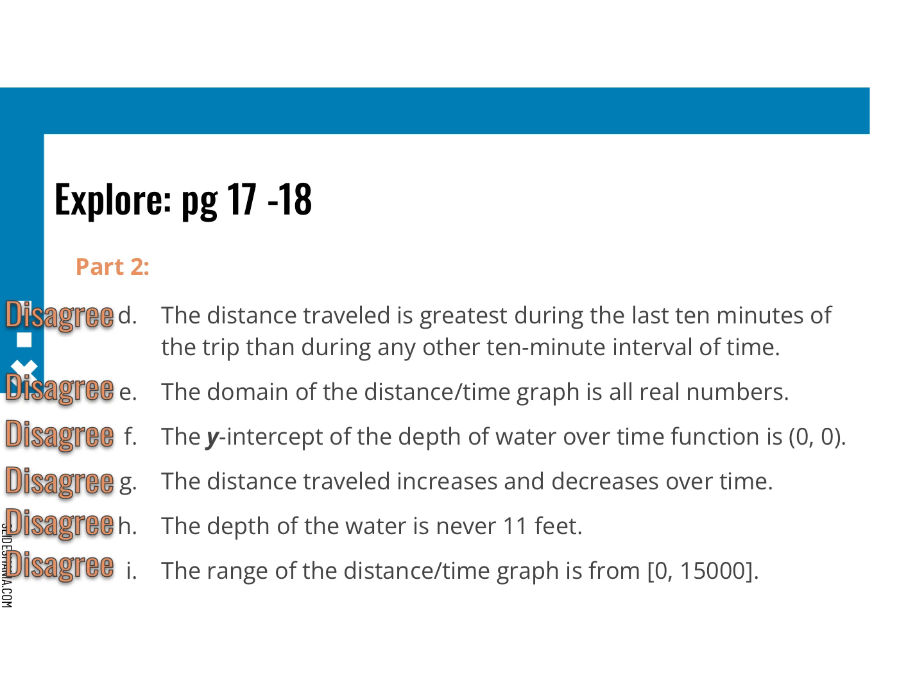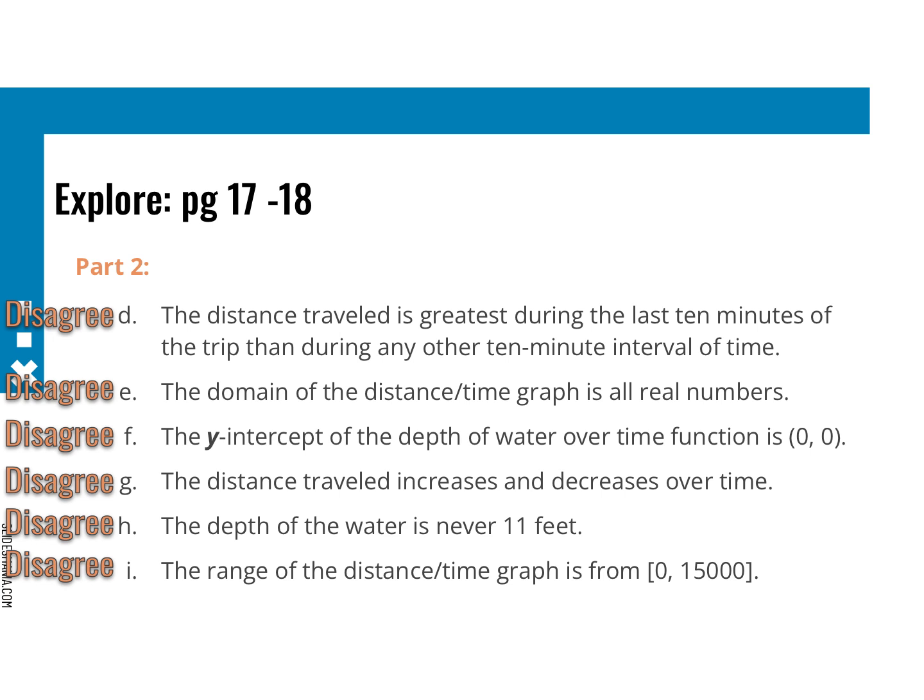If we look at G, the distance traveled increases and decreases over time. Our distance is always increasing because they're doing the distance from where they started, and you're always increasing. So that's false. H, the depth of the water is never 11 feet. The depth of the water changes from 7 to 12 feet between 80 and 90 minutes into the trip. So the water level would be 11 feet, but it can also drop at any time.